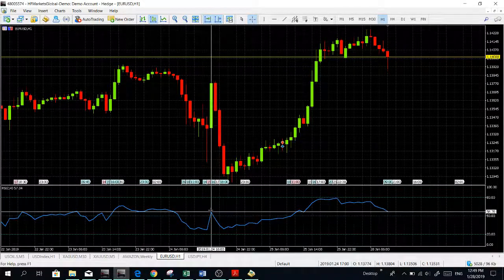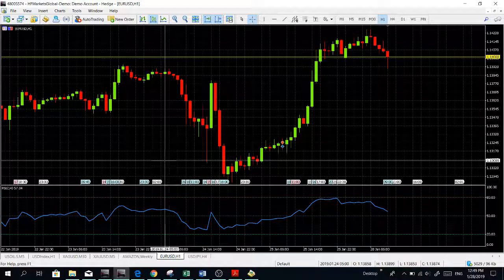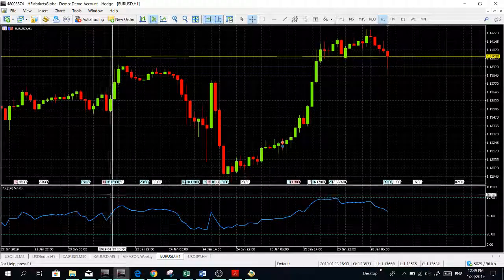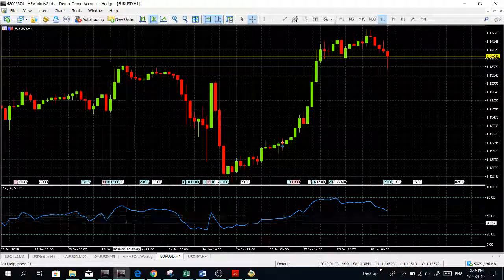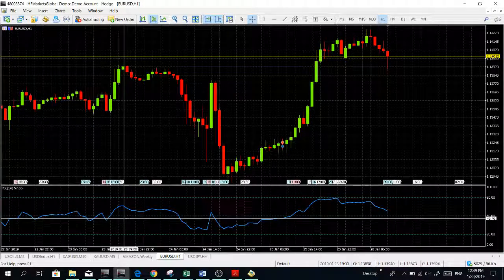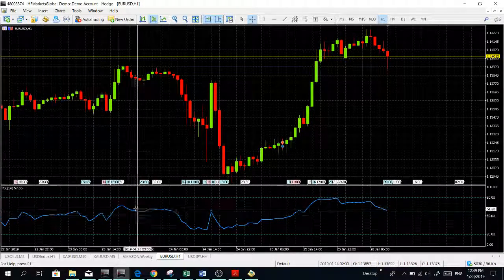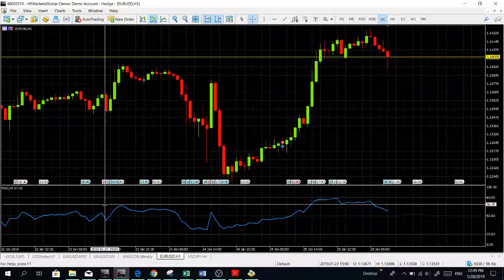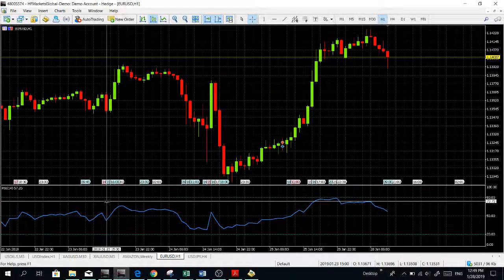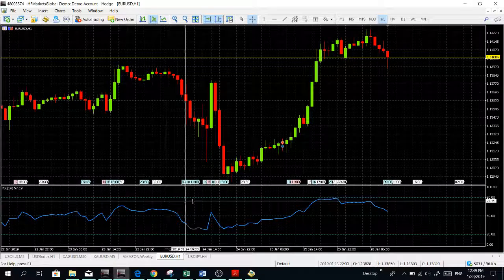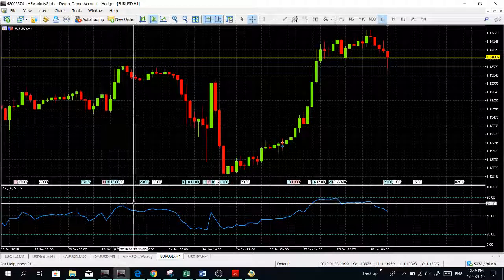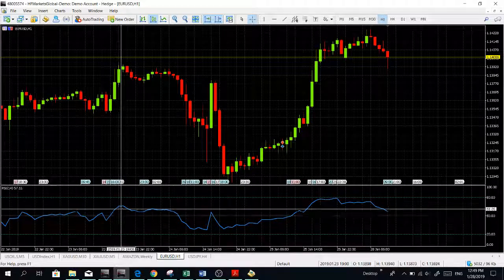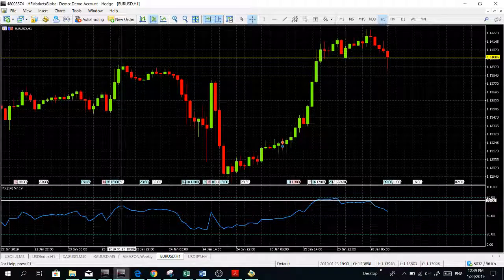We can trust the signals the RSI gives us more when it comes close to the 80 level and stays there, between 70 and 80.